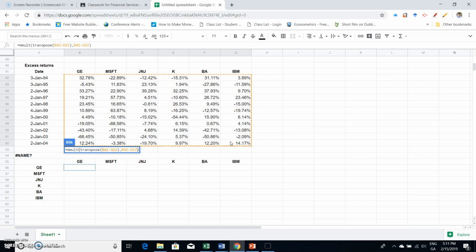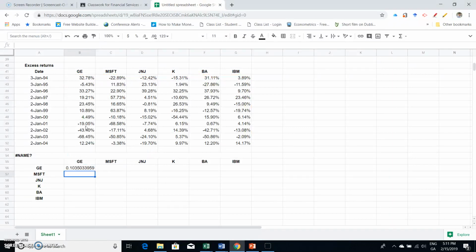And in order to take into account that we have 1, 2, 3, 4, 5, 6, 7, 8, 9, 10, 11. Because we have 11 observations here, we divide by 10, and that's equivalent to dividing by n minus 1. Okay, and we can return and we get a value, but obviously what we need is the full array.